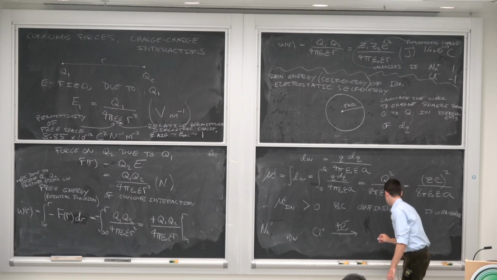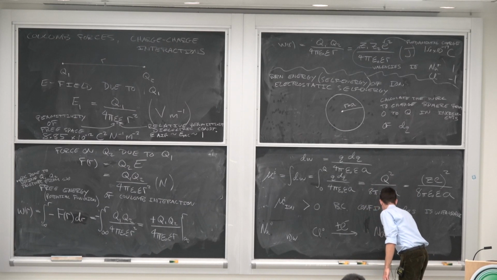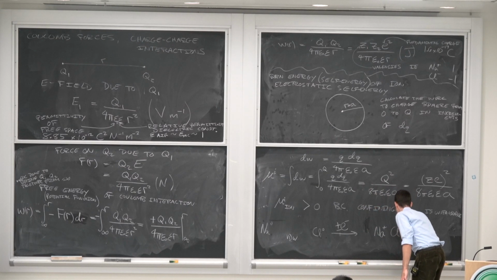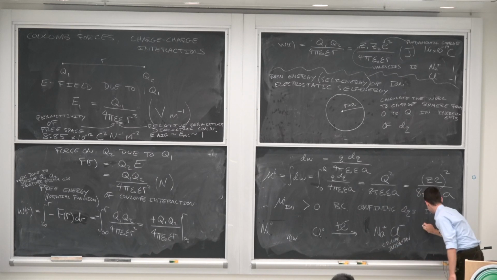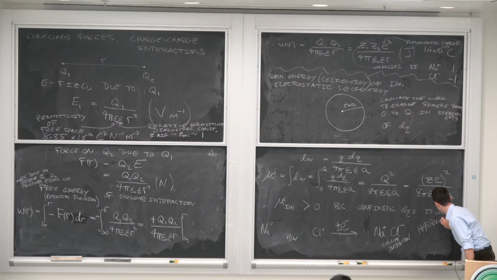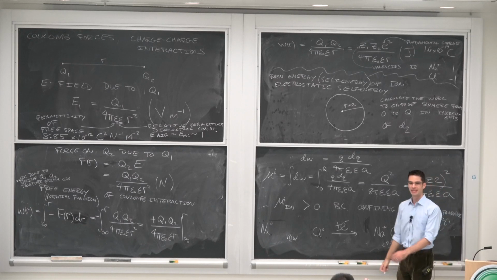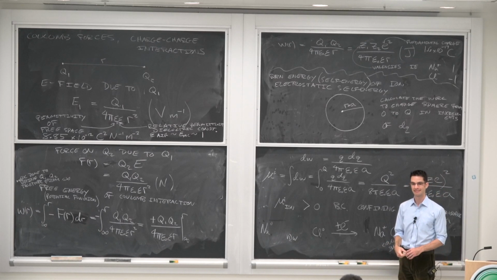So plus or minus an electron, you get sodium plus Cl minus, and now you have a Coulomb interaction, and this is called the harpoon effect.